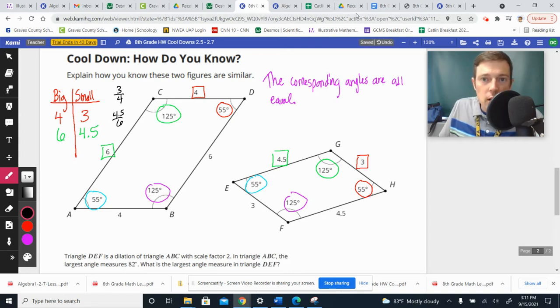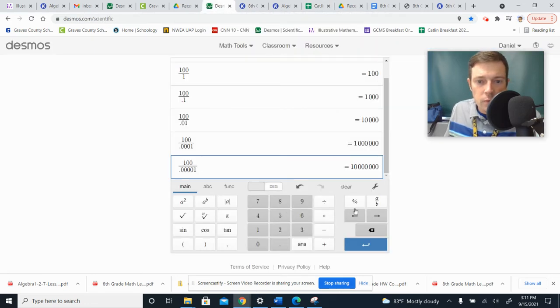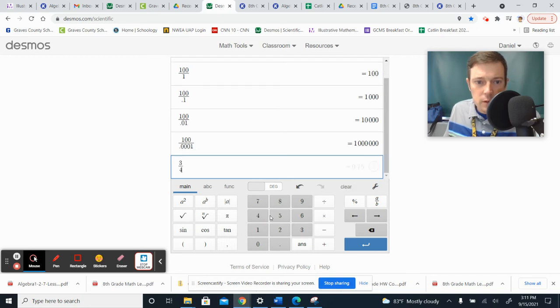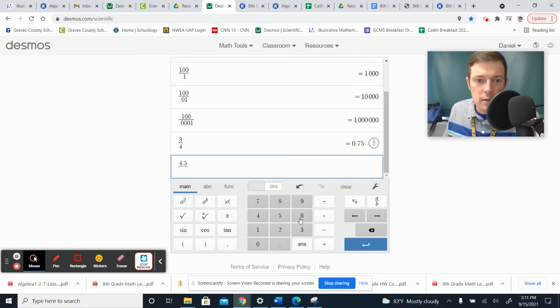You can check this with a calculator if you want. 3 divided by 4 is 0.75, and the other one is 4.5 divided by 6. They have the same constant of proportionality, which they do, so we know that they're proportional.